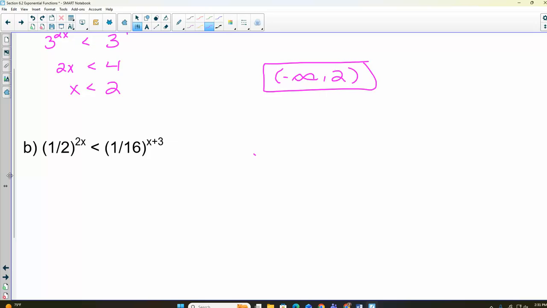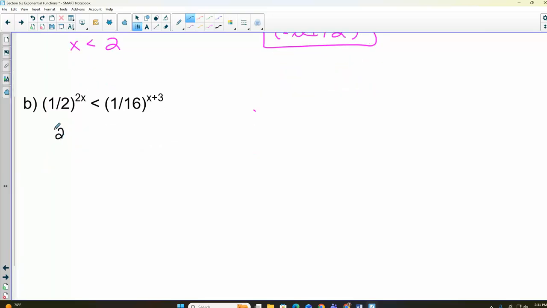What should I change it to? 2. So 1/2 is the same thing as 2 to the -1 power. And again, if it were an equal to, it wouldn't matter. But because it's not, because of the inequality, I need to go ahead and flip this.